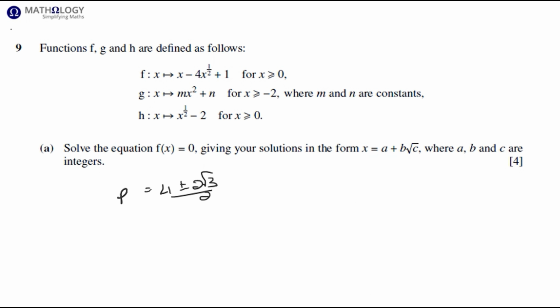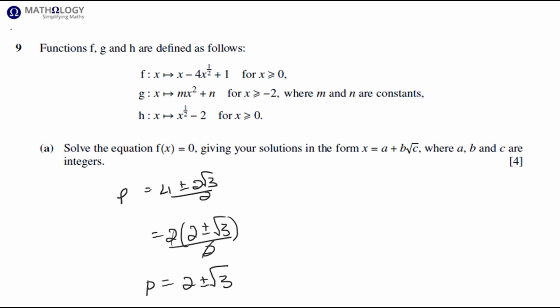You can take out a common 2, so we'll have 2 times 2 plus or minus root 3, and that's all over 2. The 2's cancel, so p equals 2 plus or minus the square root of 3.